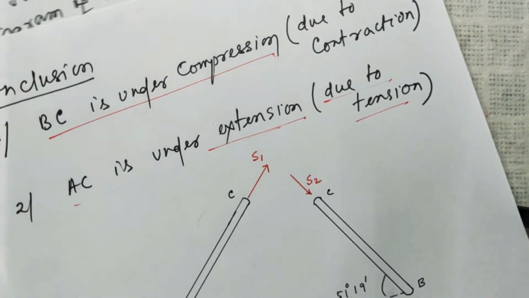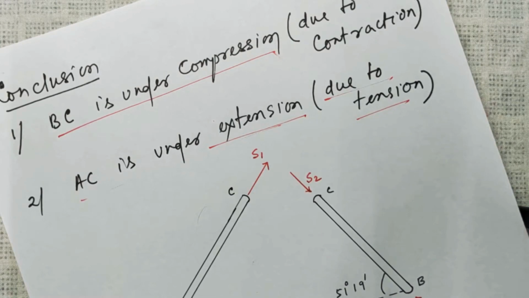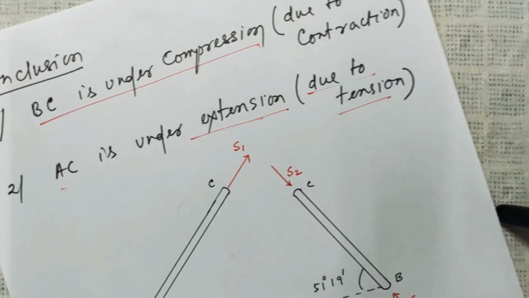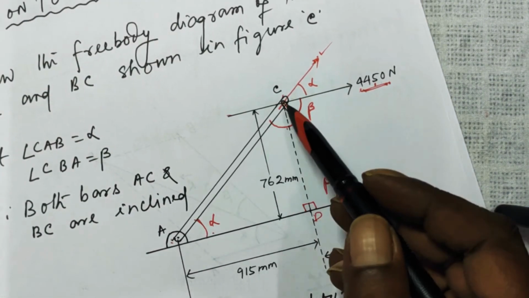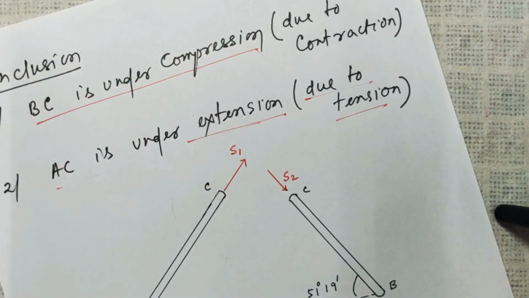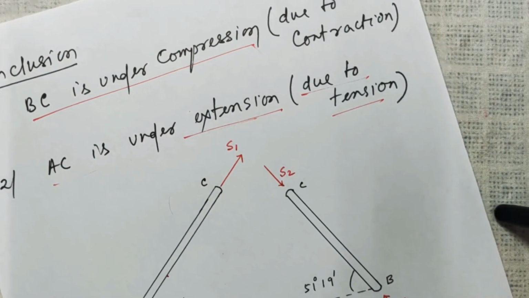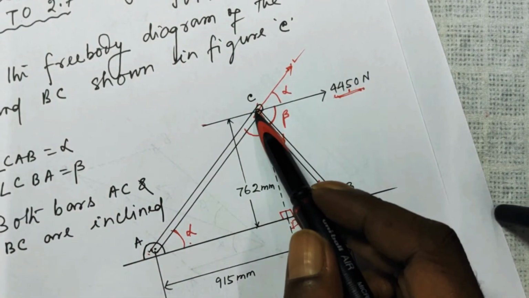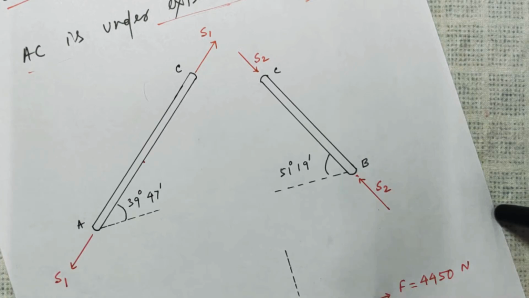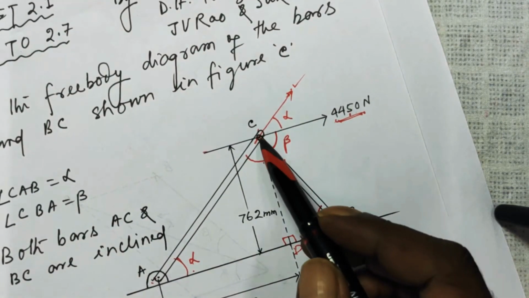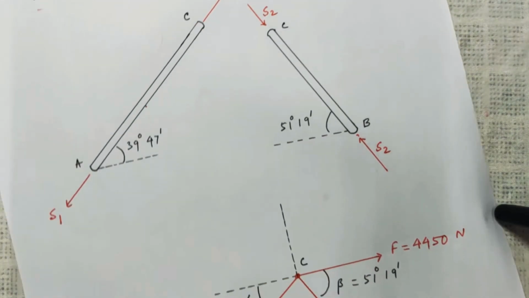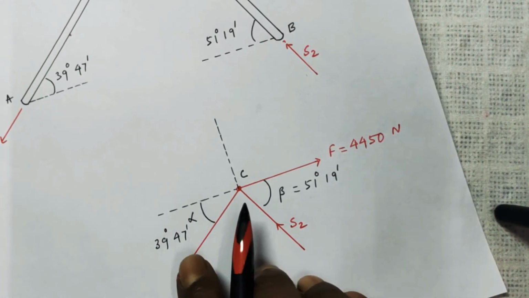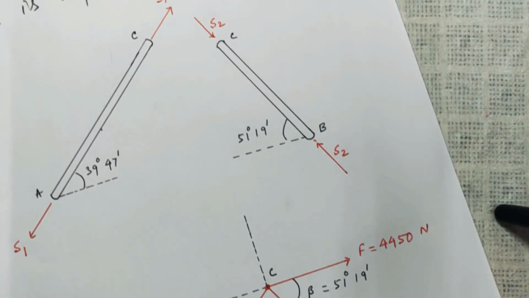So then comes the free body diagram. I have taken the bar AC and I am showing its free body diagram here. The free body diagram of the bar BC, I am showing here, and the free body diagram of the point C, I am showing here.